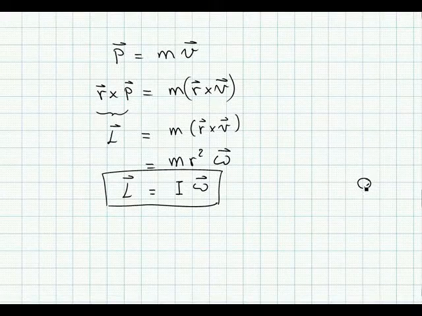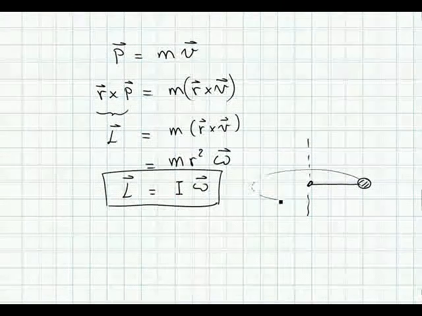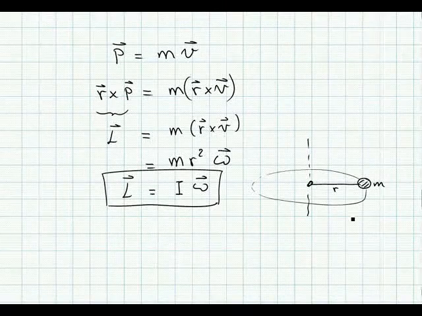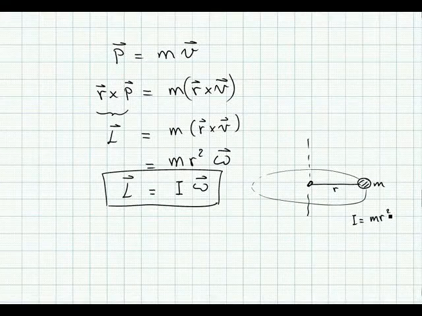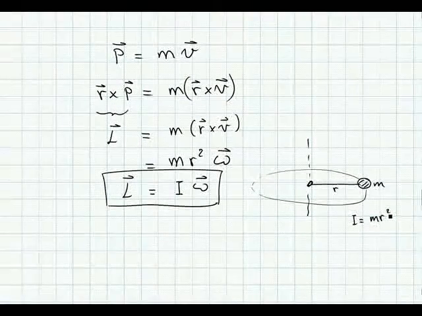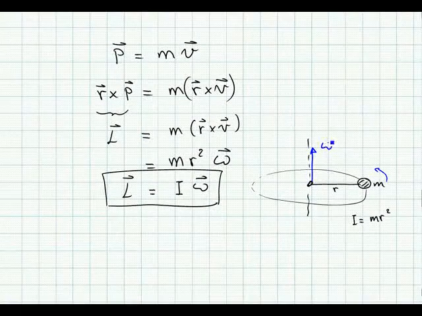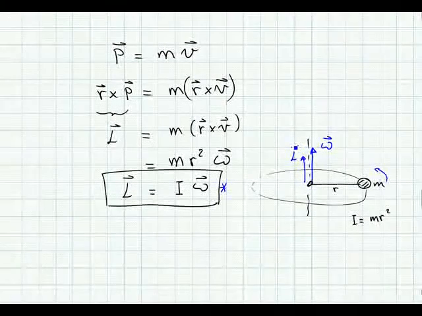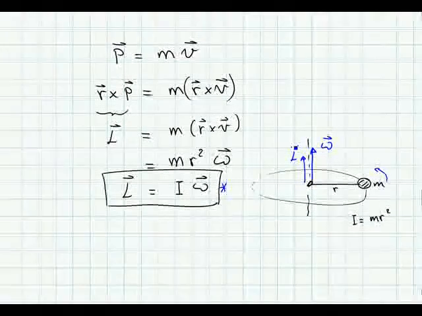So if you have an object which is rotating about a rotation axis like this, so here's the plane of rotation, for example, this distance r, it has mass m, moment of inertia is simply m r squared in this case, and its angular velocity is a vector, if it's rotating like this, out of the page in the positive z direction, and as this equation implies, its angular momentum vector, which is given by L, is also out of the page in the positive z direction.